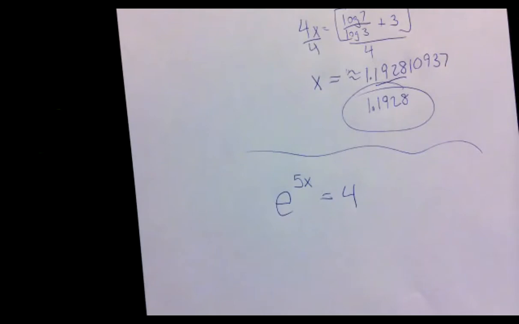Now we can still log both sides, pull the exponents to the front, divide, but we can actually shorten this just a little bit.